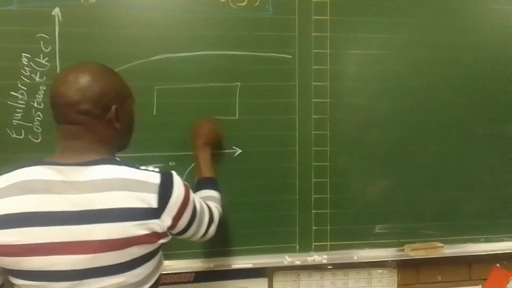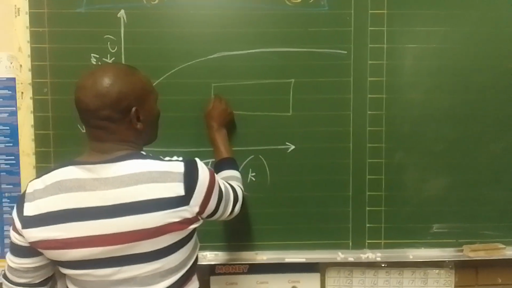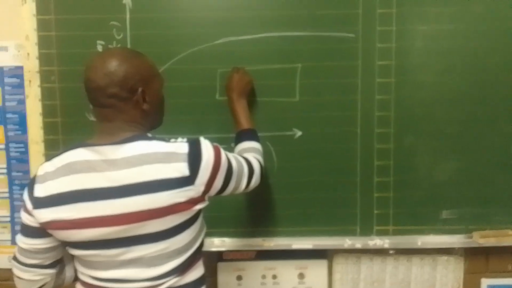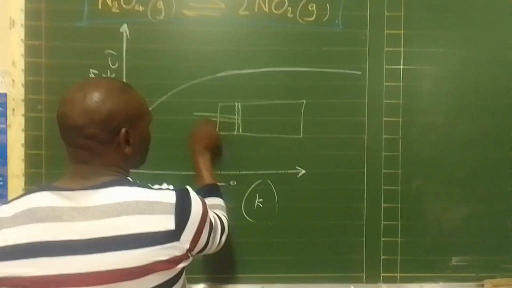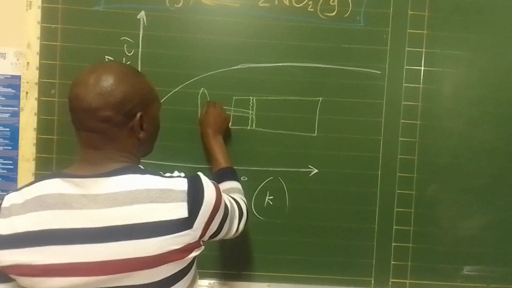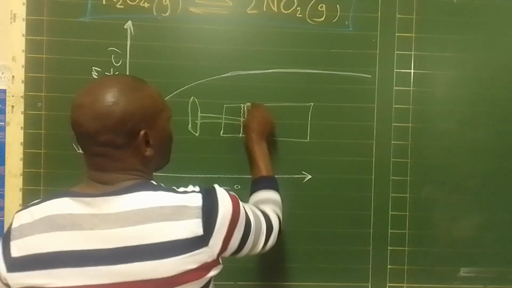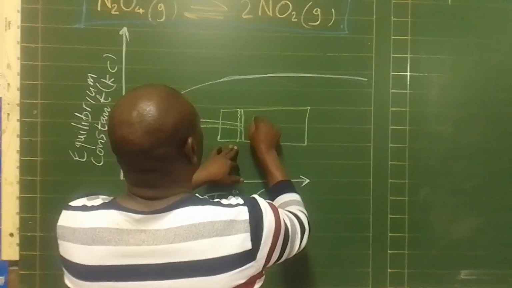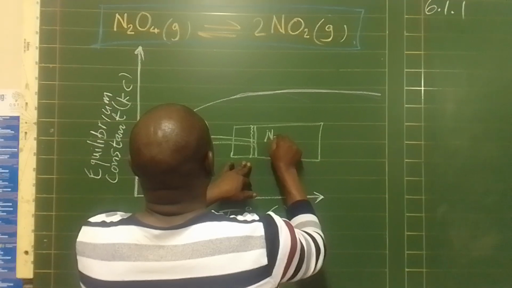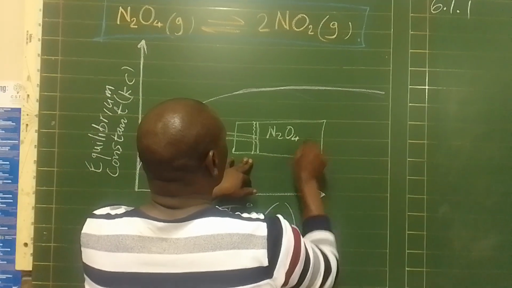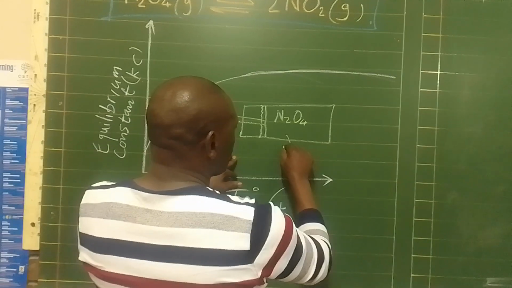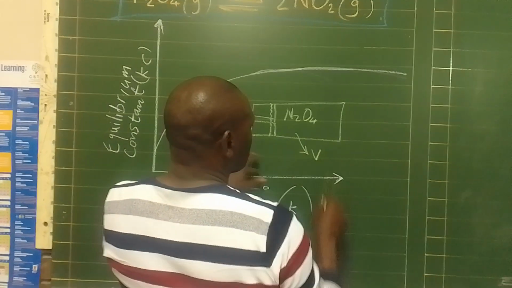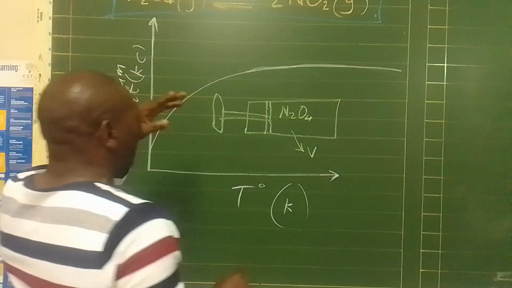This is the container. A plunger is set here. Now, this gas is here, N2O4. This is the volume of the container.